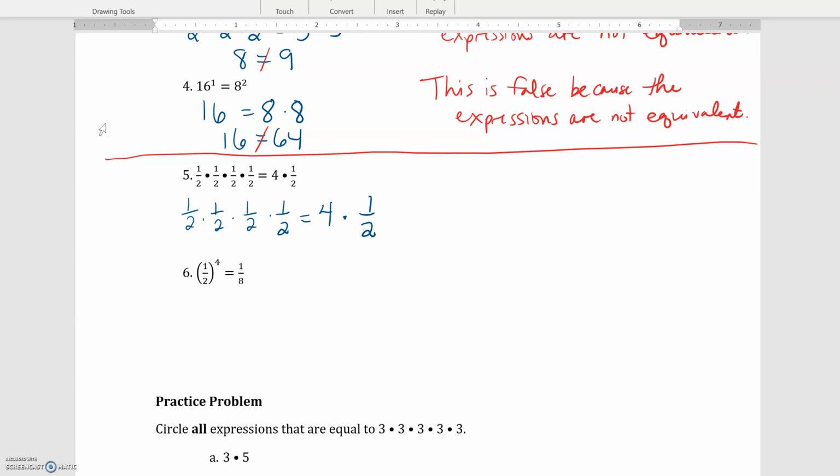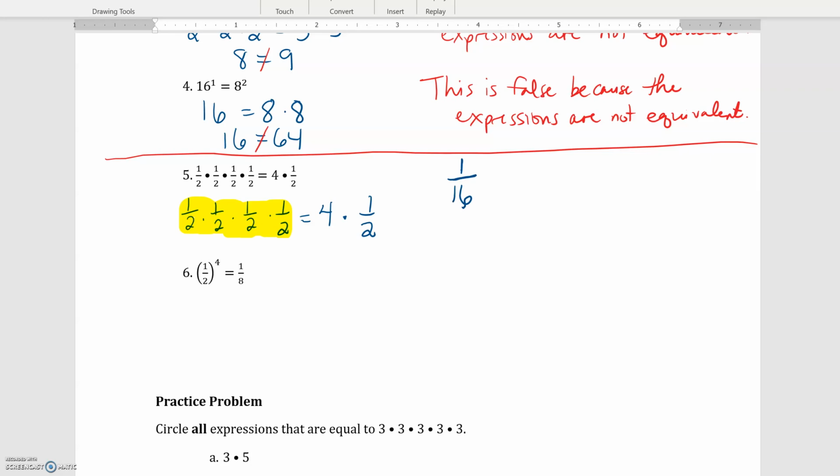Now, if I did some mental math, I can see that on the left here, if I multiply all these fractions by each other, I can multiply all the numerators and multiply all the denominators. So I'm going to have a fraction that looks like the following. 1 times 1 times 1 times 1 gives me 1. 2 times 2 times 2 times 2 will give me 16.